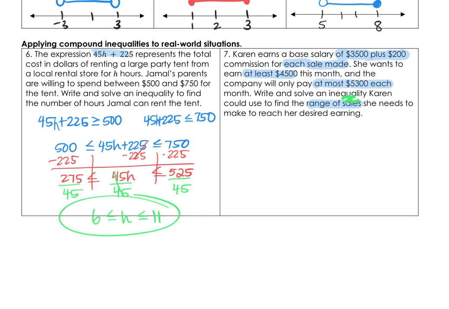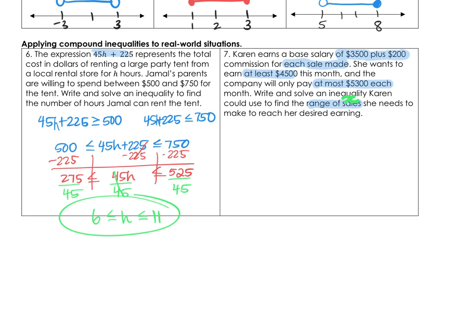Once again, this is a compound inequality where she wants to make between two endpoints. At least $4,500, but at most $5,300. And that expression is going to be the same. So instead of writing the same expression twice, we're going to write it just like we did this one, putting those minimum and maximum values on as our endpoints.